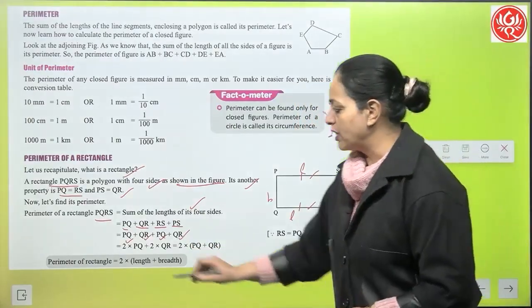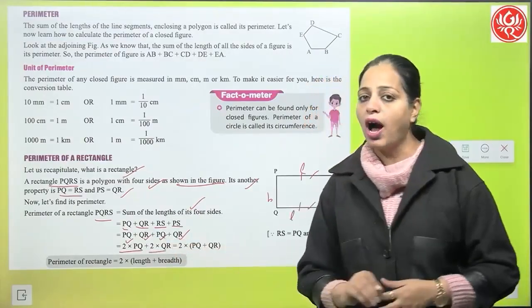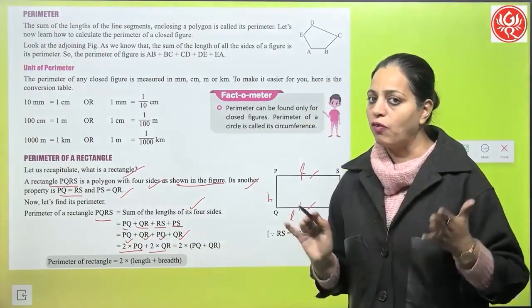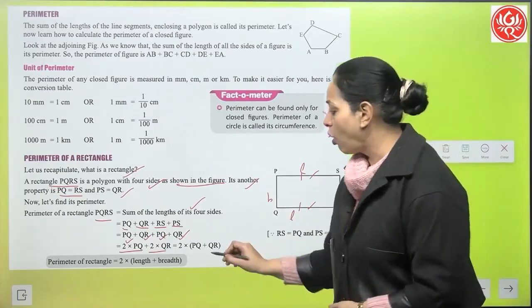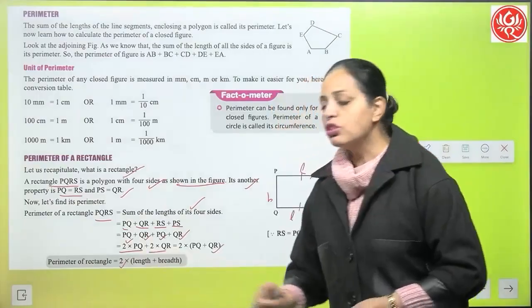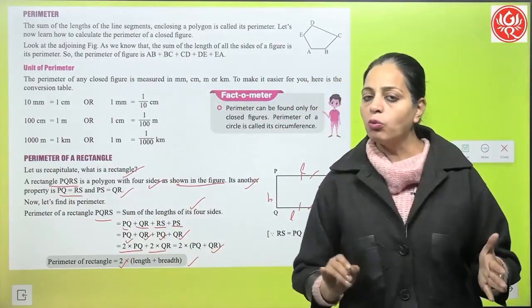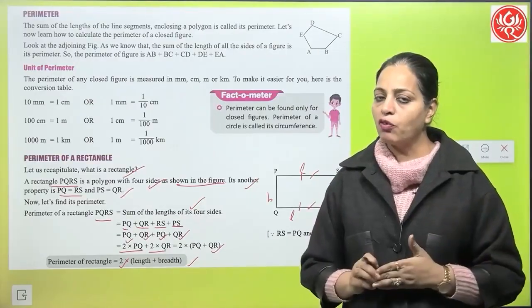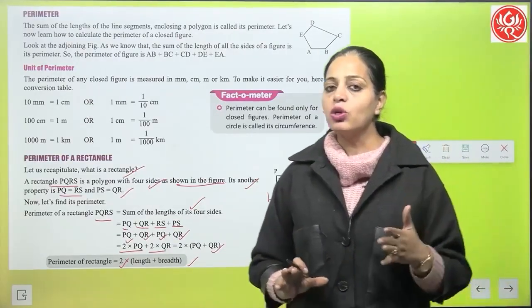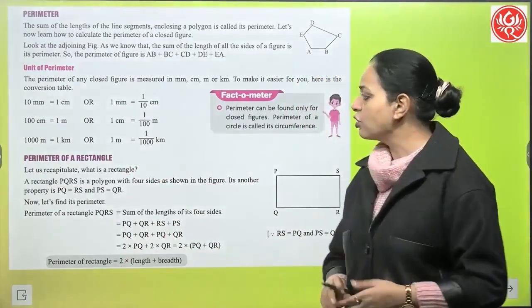So what will you get? 2 times of PQ plus 2 times of QR means 2 times of length plus 2 times of breadth. So we can take 2 common, so it becomes 2 into length plus breadth. So what is the formula to find the perimeter of a rectangle? That is 2 into L plus B. Okay, I hope this is clear to you.